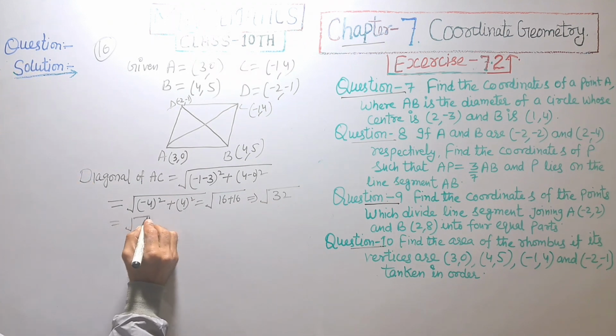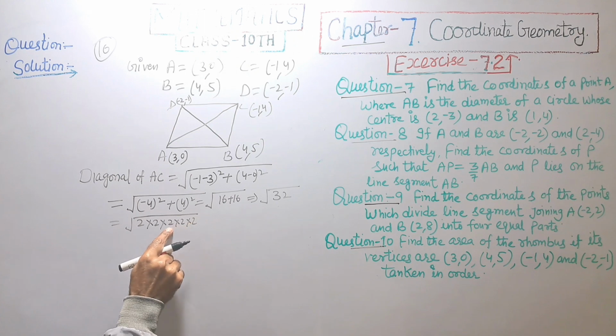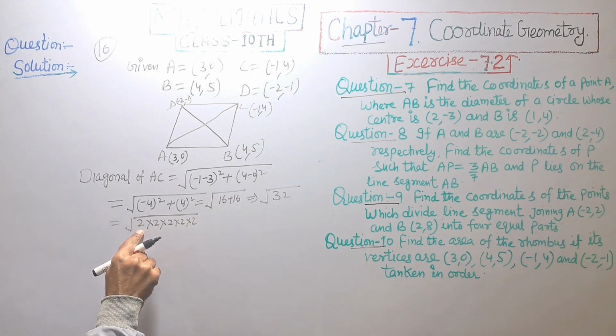The prime factorization of 32 can be written as 2 into 2 into 2 into 2 into 2. 2 2s are 4, 2 4s are 8, 2 8s are 16, 2 16s are 32.